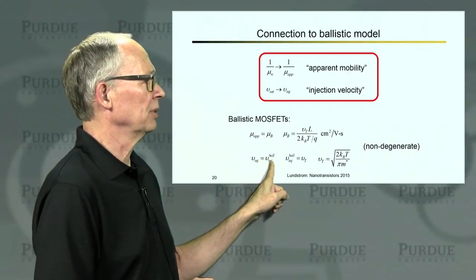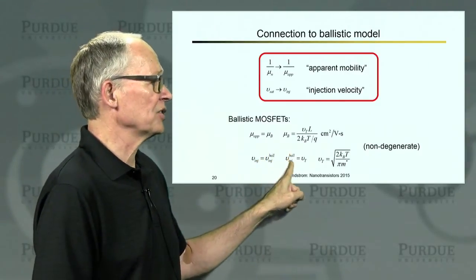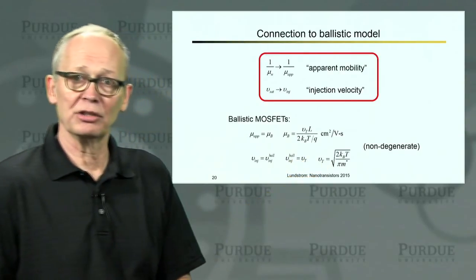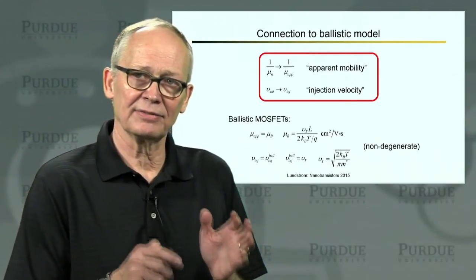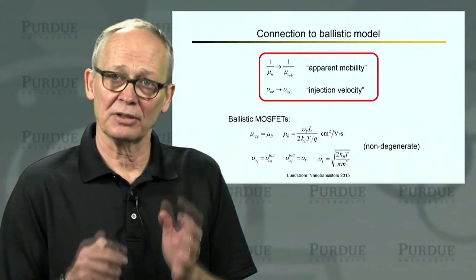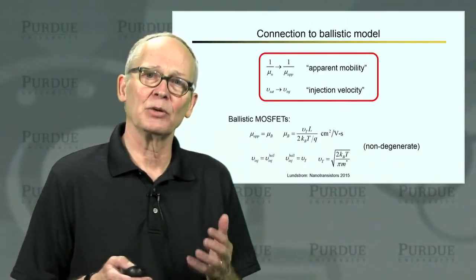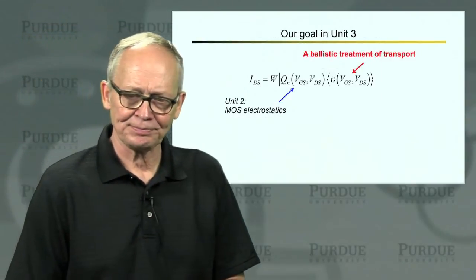And we showed that for the ballistic MOSFET, that injection velocity is the ballistic injection velocity, which in the non-degenerate case is simply the unidirectional thermal velocity. So we were able to give a very clear physical interpretation to the terms in that virtual source model and to explain why it continues to work so well even for these very small devices.